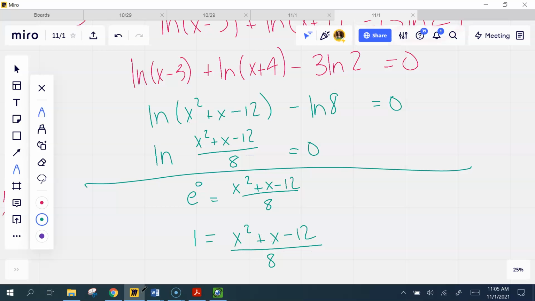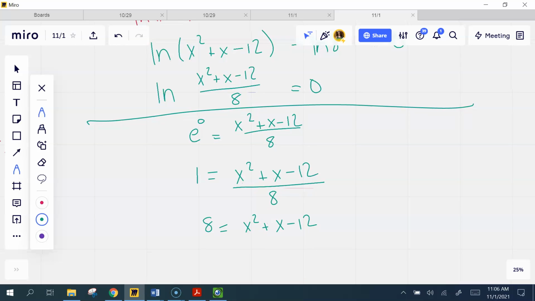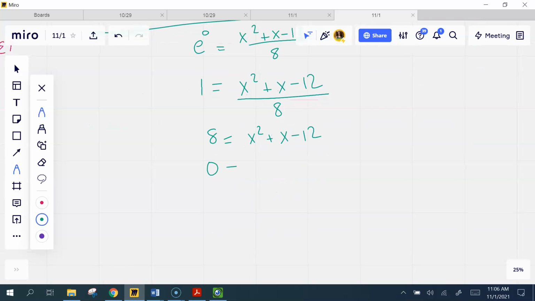When I get to this point, I can multiply both sides by 8. This is something you can solve without your calculator. If I move the 8 over, I end up with x squared plus x minus what? 20? That looks pretty factorable to me. What do you think?